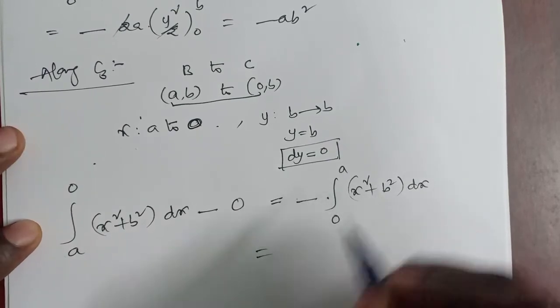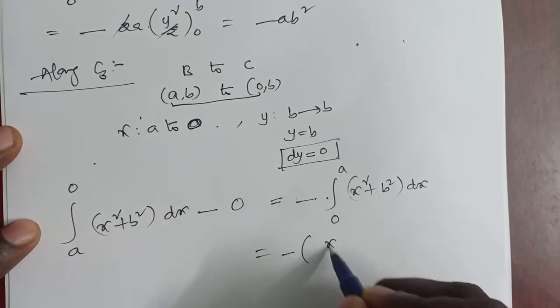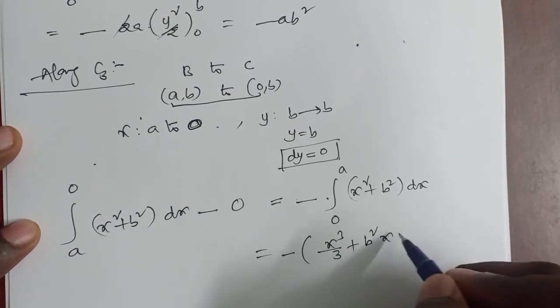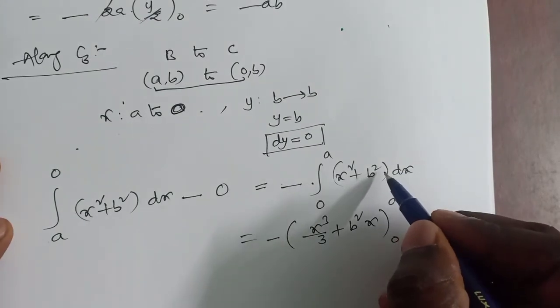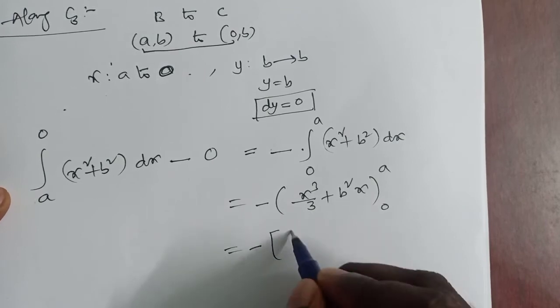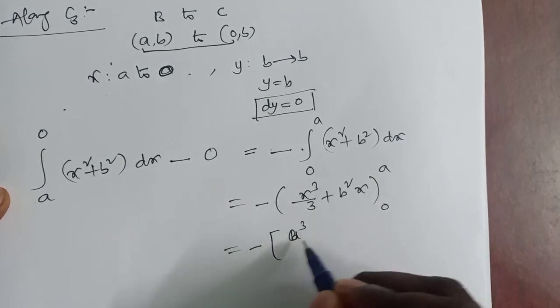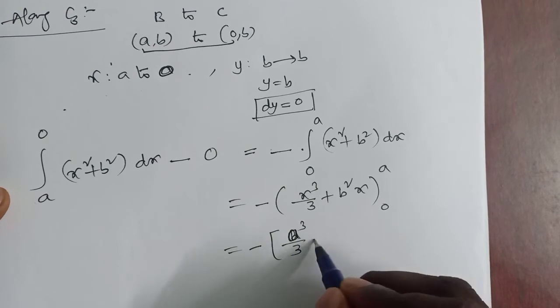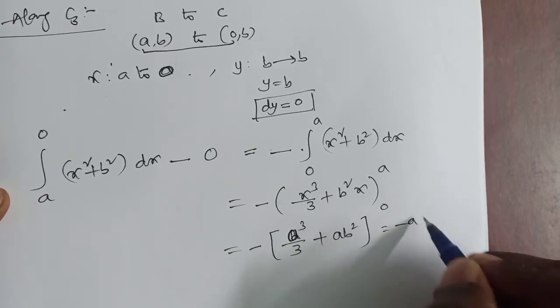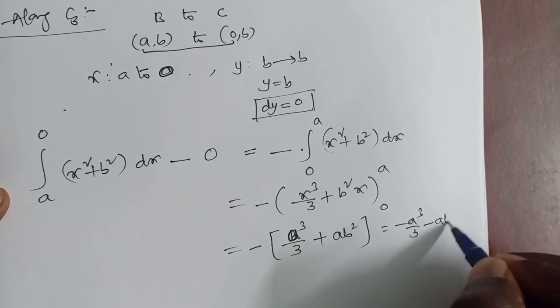Coming to the integration, for x square it is x cube by 3 and b square is a constant, so the integration is x, from 0 to a. Why? Because b square is a constant, and the integration of 1 is x. Now substitute the upper boundary, it is a cube by 3 plus ab square, since it is minus, so minus a cube by 3 minus ab square.